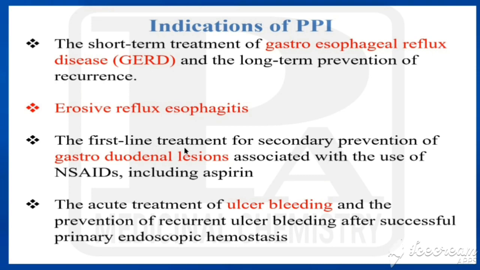They are the first-line treatment for secondary prevention of gastroduodenal lesions associated with the use of NSAIDs, including aspirin, and for the acute treatment of ulcer bleeding and prevention of recurrent ulcer bleeding after successful primary endoscopic hemostasis. So what are they used for? GERD, that is gastroesophageal reflux disease, erosive reflux esophagitis, gastroduodenal lesions and ulcer bleeding. That's all about proton pump inhibitors.